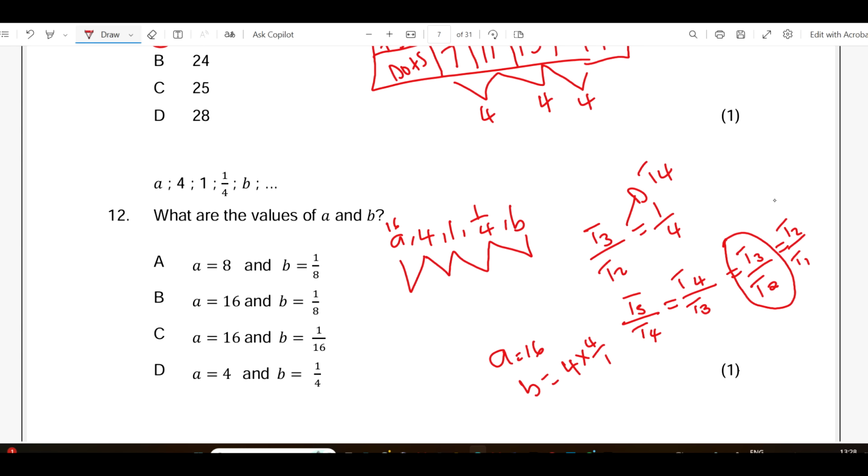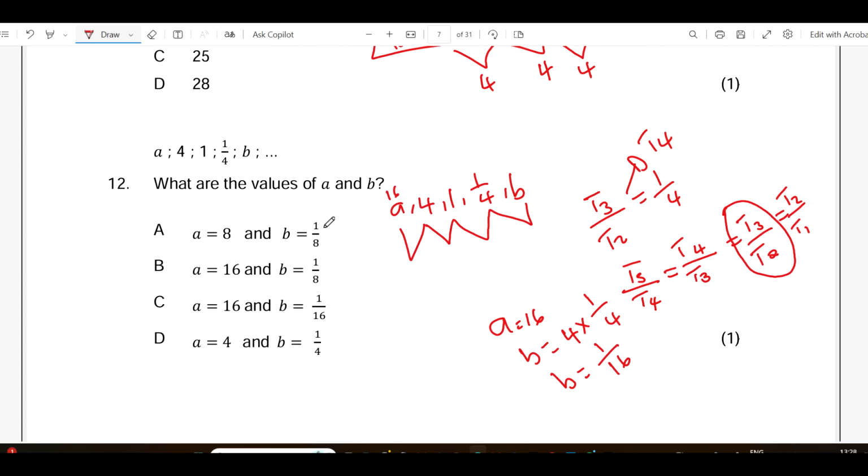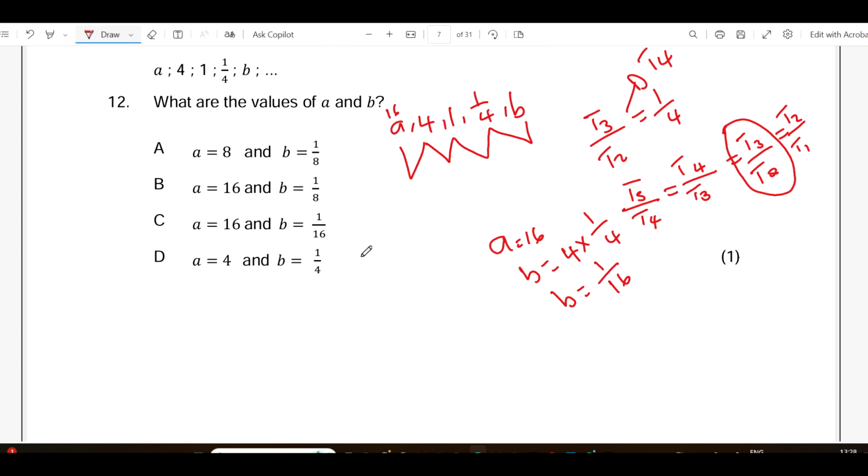Oh no, sorry. It's gonna be 4 times 1 over 4. And therefore the B is gonna be 1 over 16. So the correct answer is gonna be C.